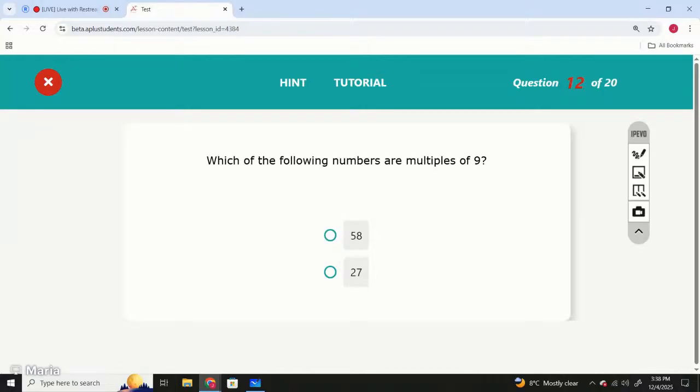The multiples of 9 are 27. Option number 2 is the correct option.